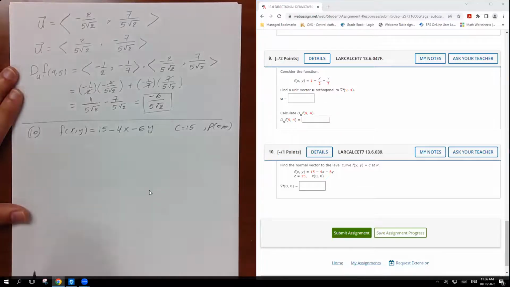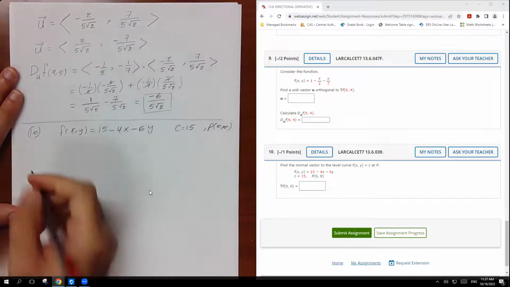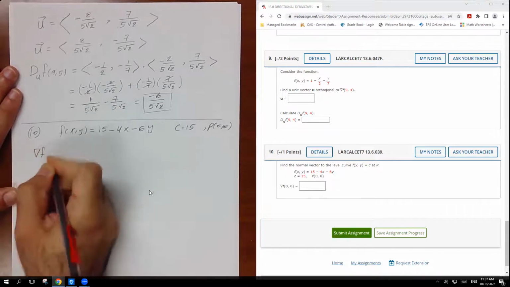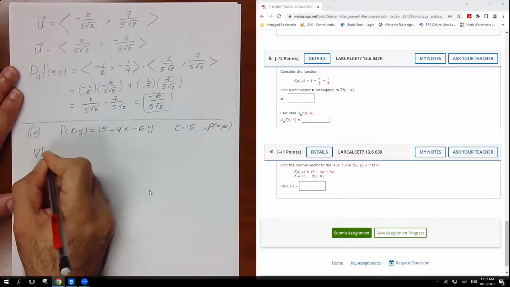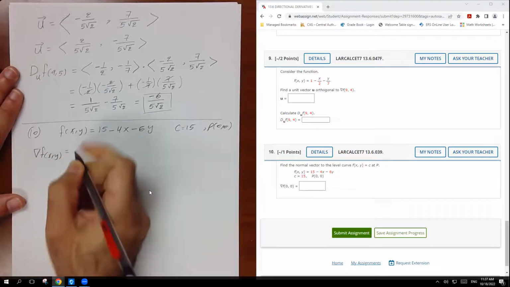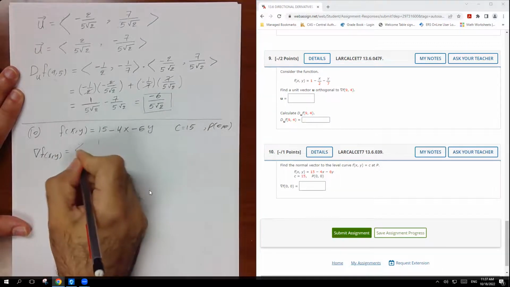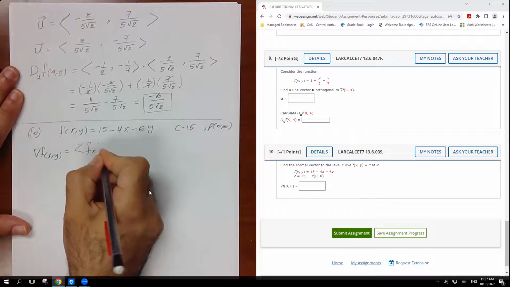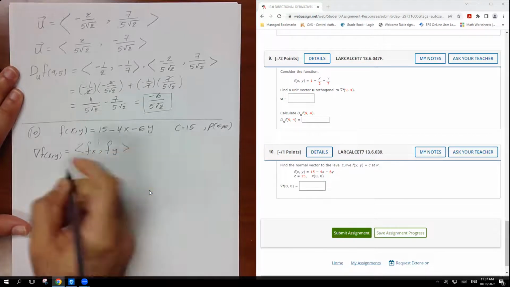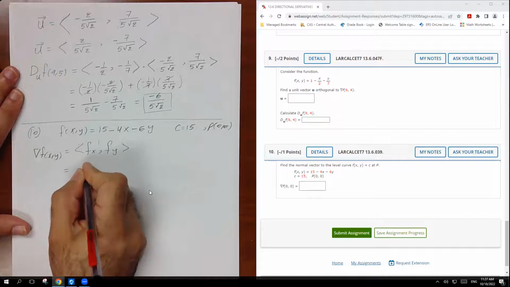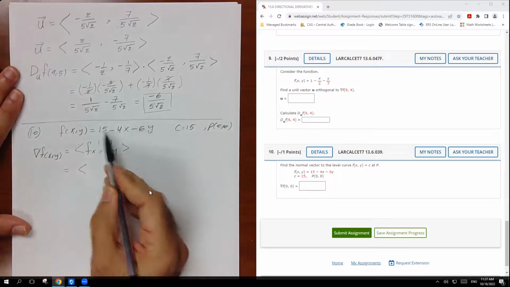So now, for example 10, we're going to do the same thing. They ask you to find a normal vector to the level curve f of x,y equals c at the point P. We already have all the information. That means we're going to find the gradient of f at the point x,y, equal to f sub x and f sub y. Which is equal to f sub x, this is 0, negative 4.